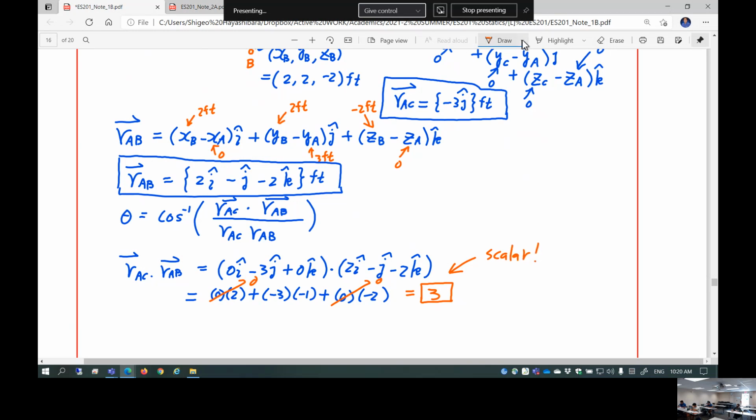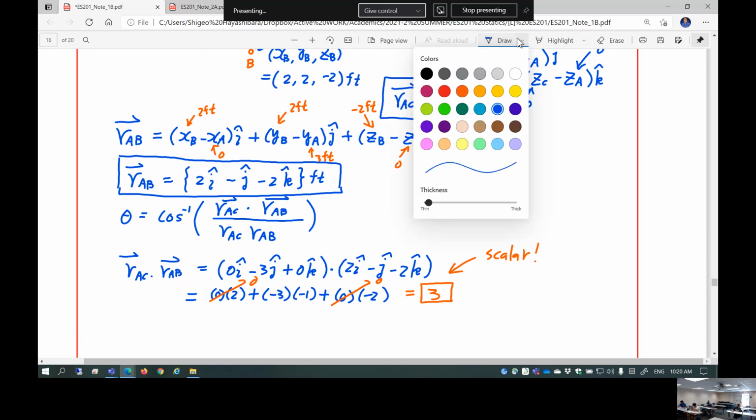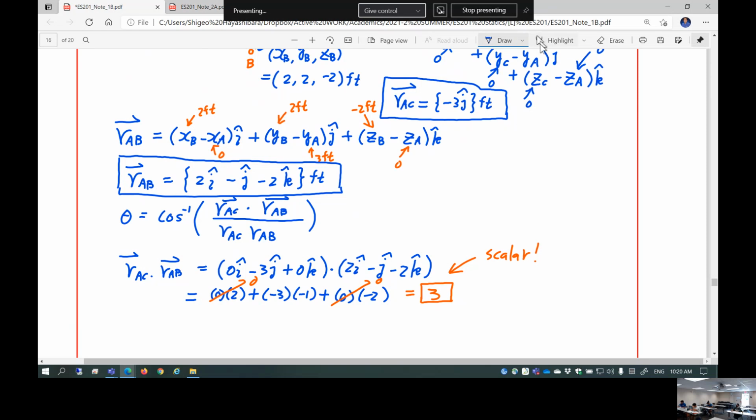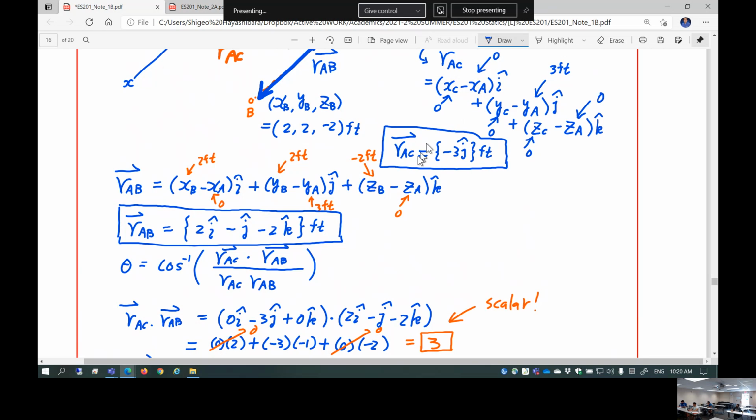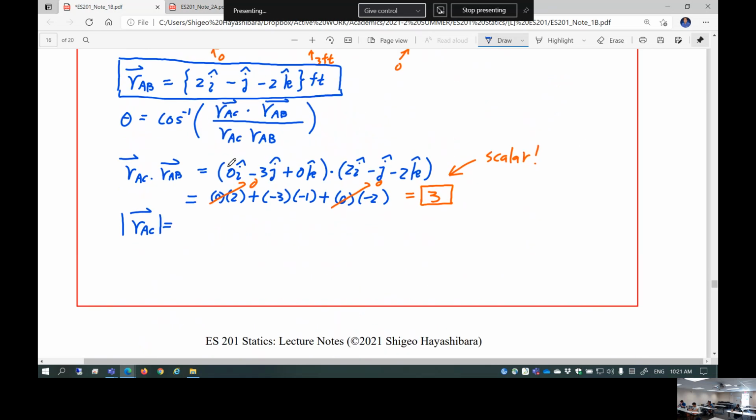Also the magnitude of each vector. What is the magnitude of position vector RAC? Magnitude is 3, of course.